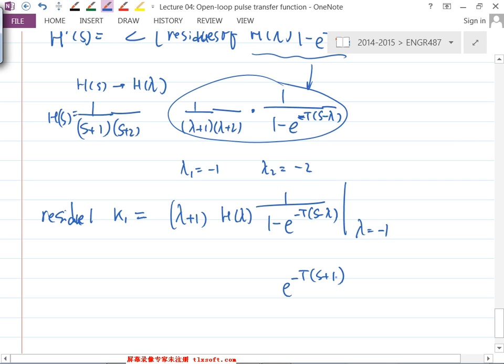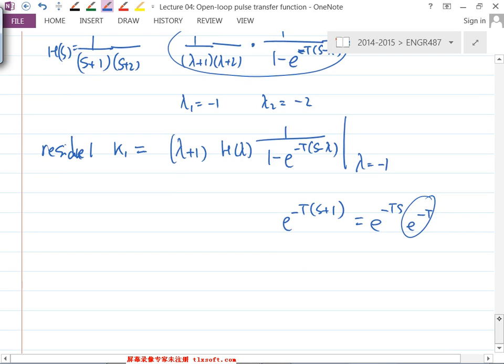So what do we get from here? This is e to the power of negative ts times e to the power of negative t, where t is the sampling time, so you will know that this is going to be constant.